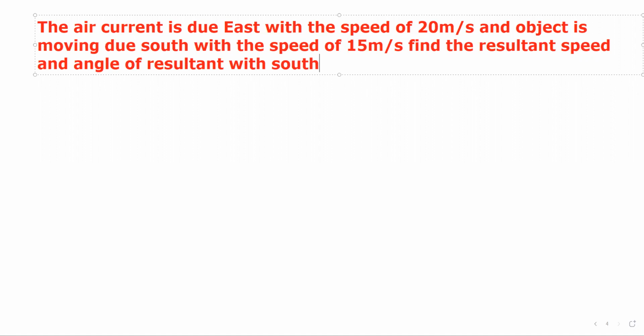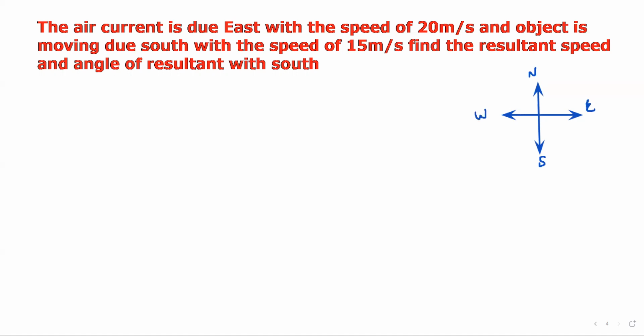The air current is due east. So first you should know east, west, and north, south, all the directions. So we have north here, south, east, and west.